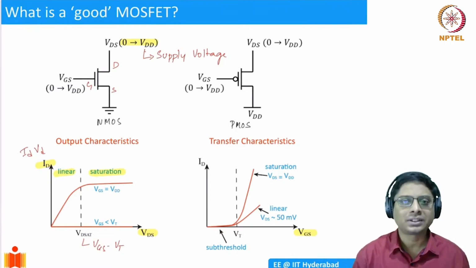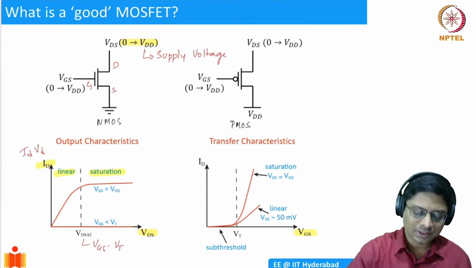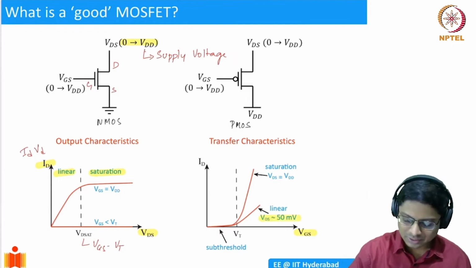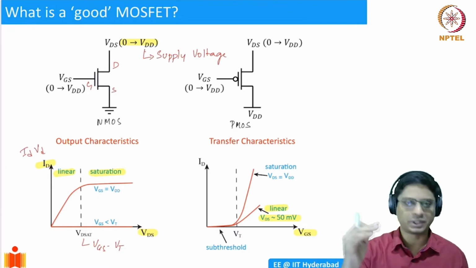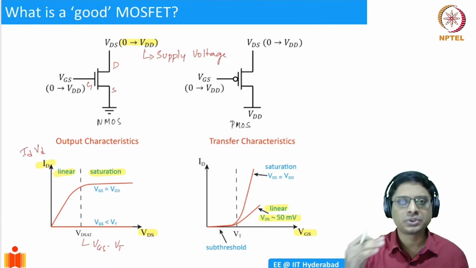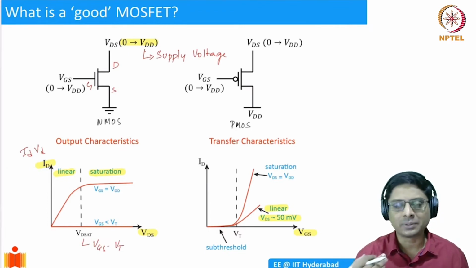If we do that, the MOSFET will be biased in the linear regime, so you get a linear transfer characteristic, which is shown in the bottom here. And then you could also choose the drain voltage to be at the supply voltage, VDD. If you choose that, then definitely VDS is going to be greater than VDSAT, and that's why the MOSFET will be biased in saturation.